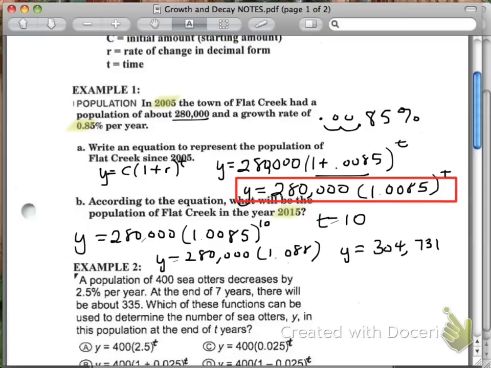And I could round that, but this would be my answer. Okay, at this point, really all I'm doing is I'm taking that exponential growth or decay formula and then plugging in what I know. Okay, so now let's move on to our next example.